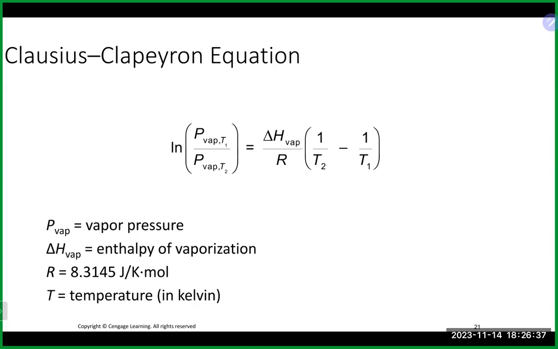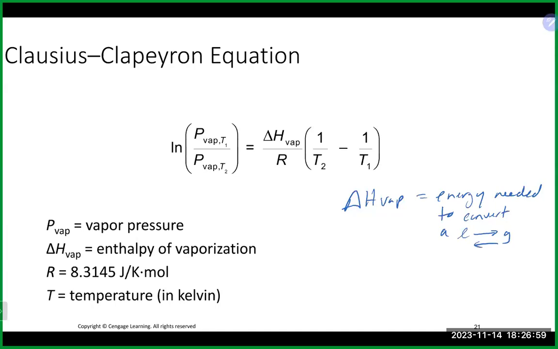Delta H of vaporization is the heat of vaporization, and this is the energy that is needed to convert a liquid to a gas, or vice versa, a gas back to a liquid.